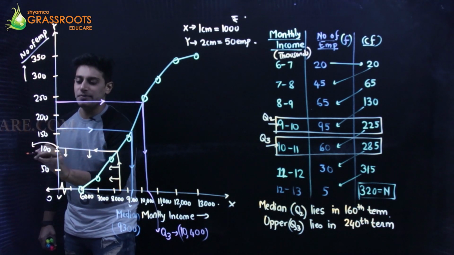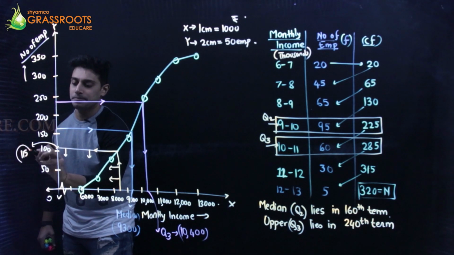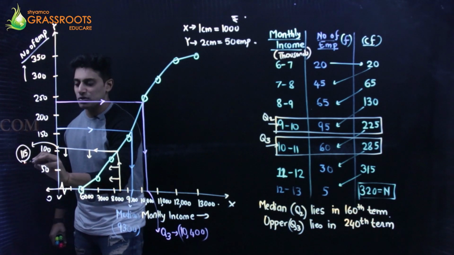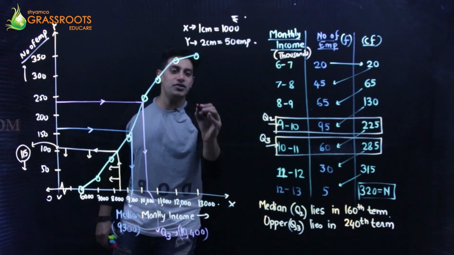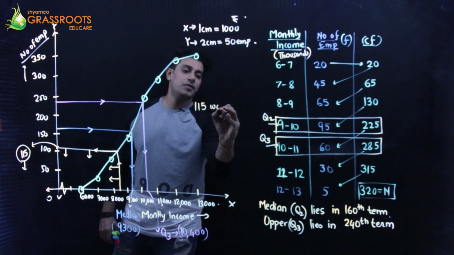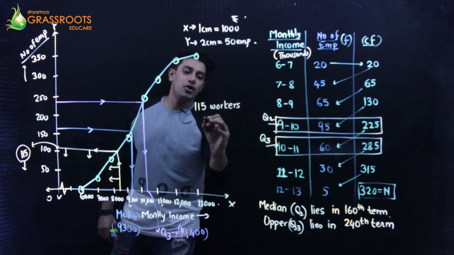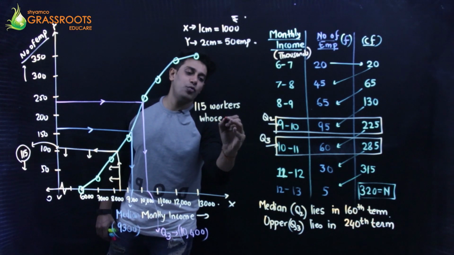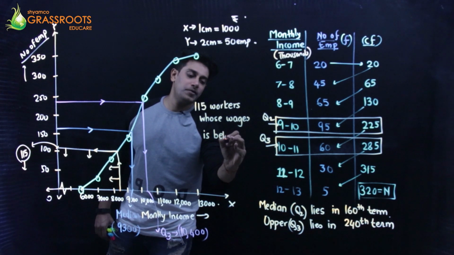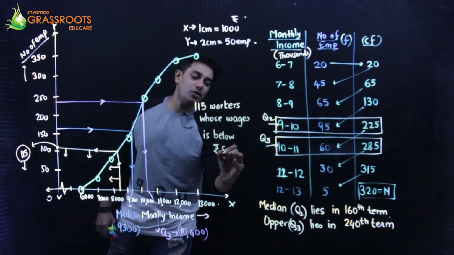This is approximately 115 or 110. So there are 115 workers whose salary, wages is below rupees 8,500.